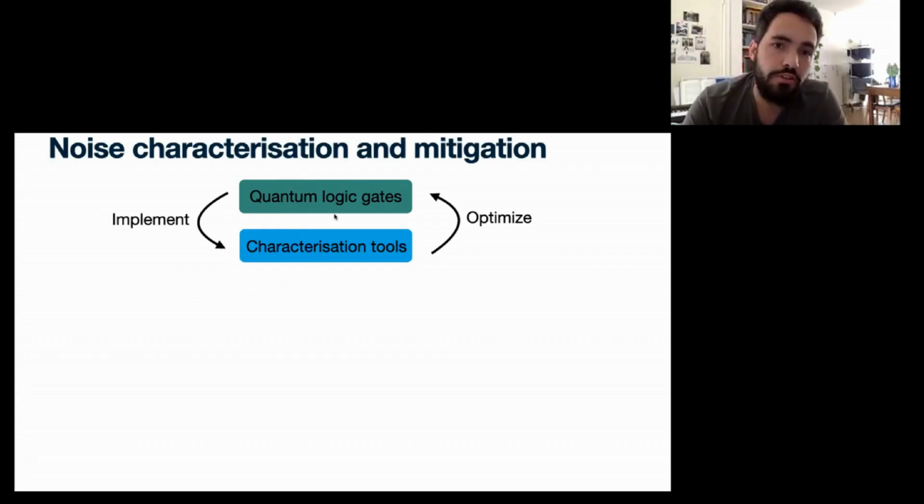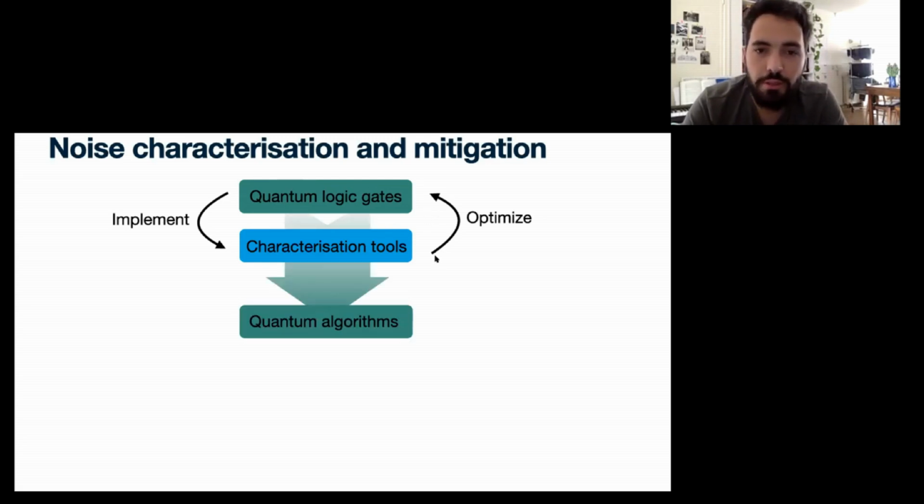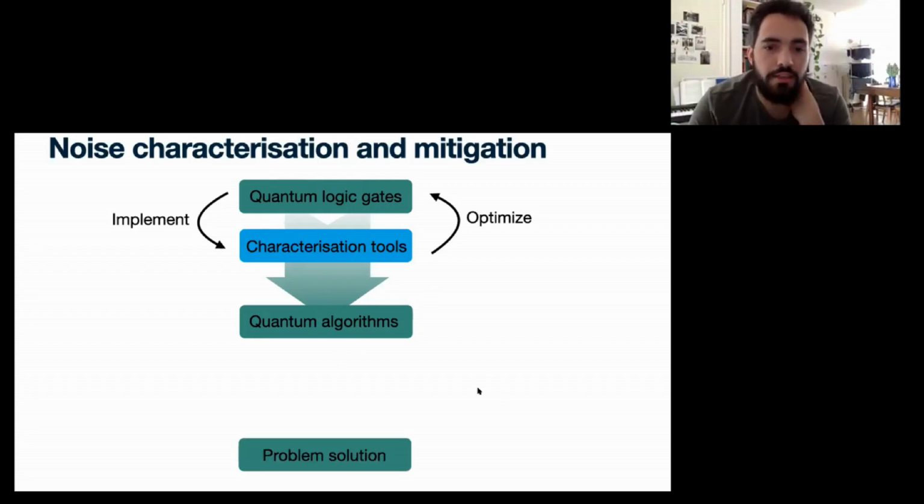And then maybe once your individual logic gates are good enough, you say, aha, maybe now I want to try and build up some actual quantum algorithms. And this puts you at a little bit of a higher level. Now you're not really caring about the individual physics anymore. You're really caring about a quantum algorithm that gives you the solution to a certain problem.